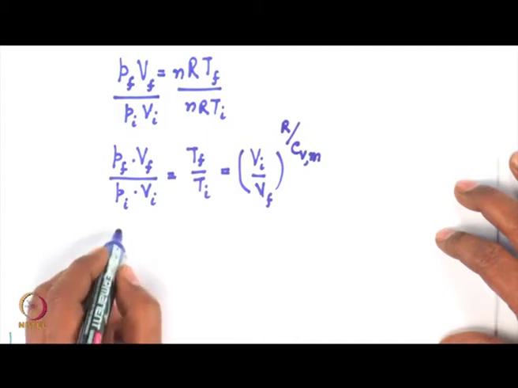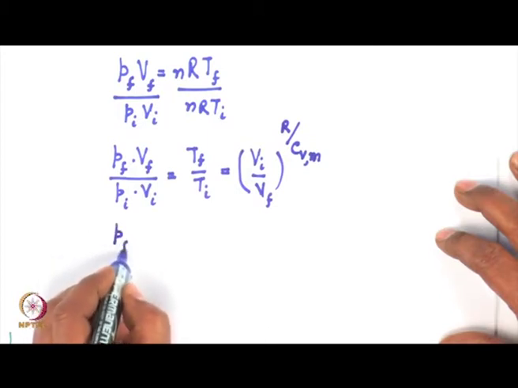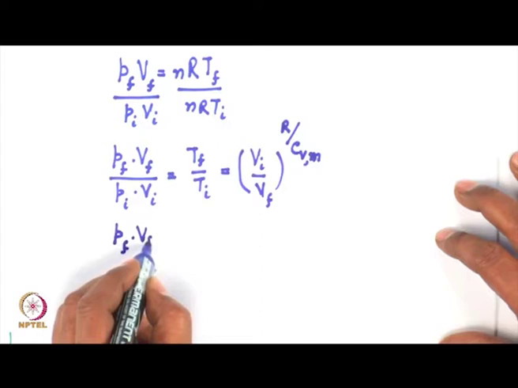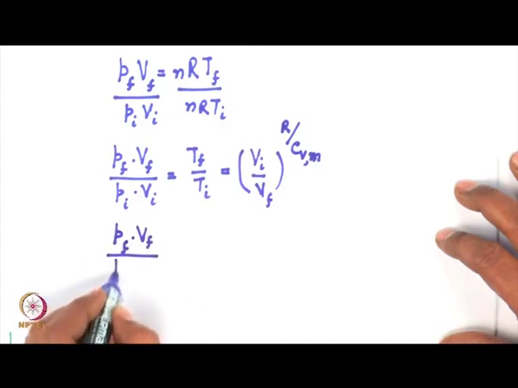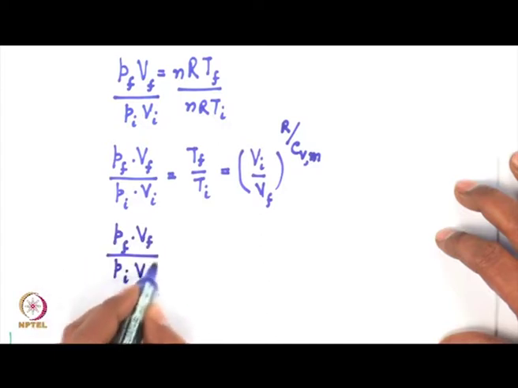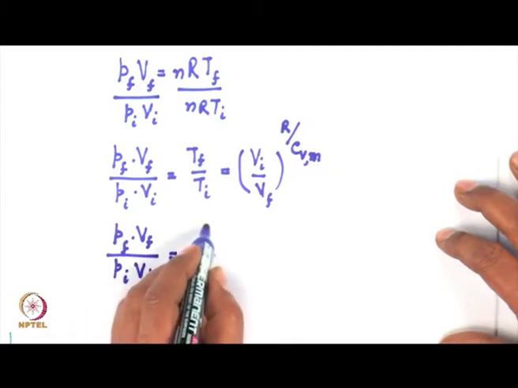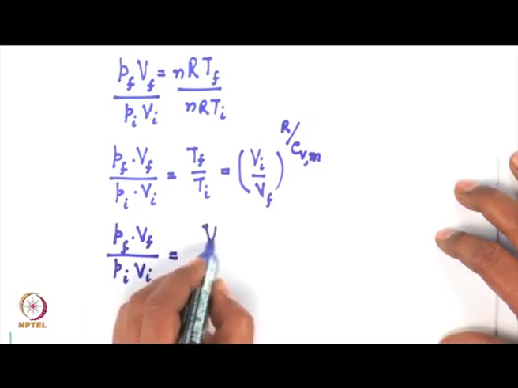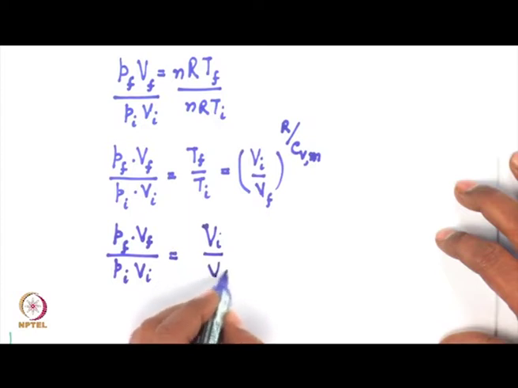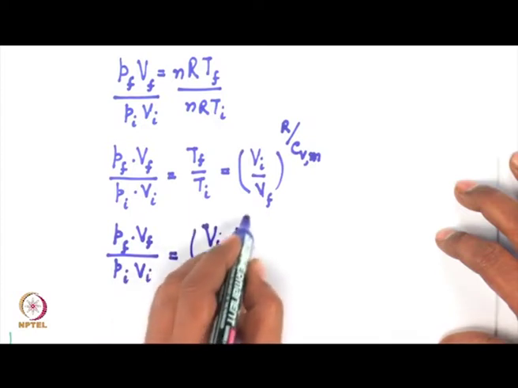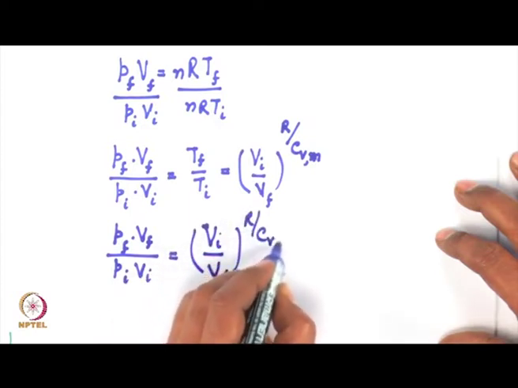Now, when I rearrange, Pf Vf over Pi Vi is equal to Vi by Vf raised to the power R by CVm.